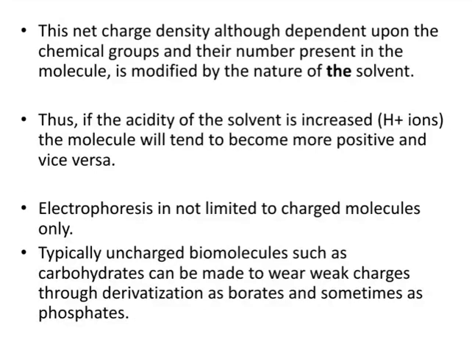For example, if we dissolve protein molecules in an acidic buffer for separation, then the H plus ion concentration will be more, so the protein tends to become more positive. If a basic buffer is used to separate the protein molecules, then the OH minus ion concentration in the solution will increase, and the protein will tend to become more negative.